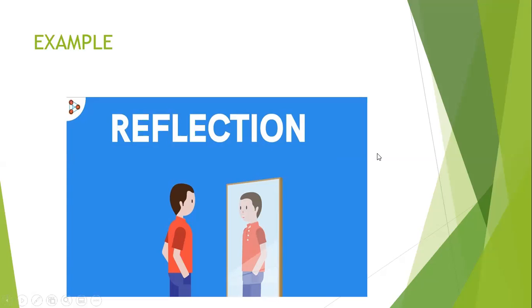That is the second way in which light travels. So in reflection, the best example is the plane mirror, in which you can perfectly see your image. A clear image of yours is seen in the plane mirror due to the reflection. Light hits the mirror and bounces back with the same angle into your eyes, and you can see the image.